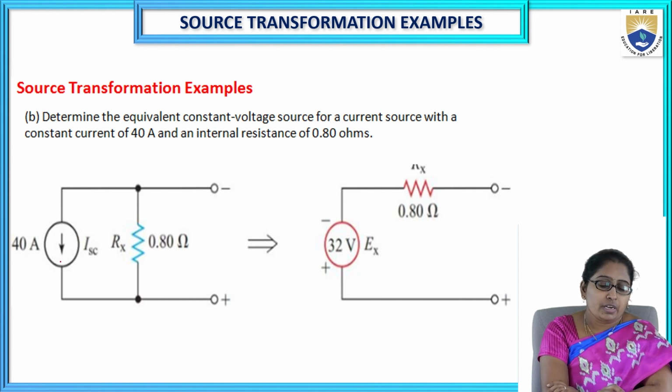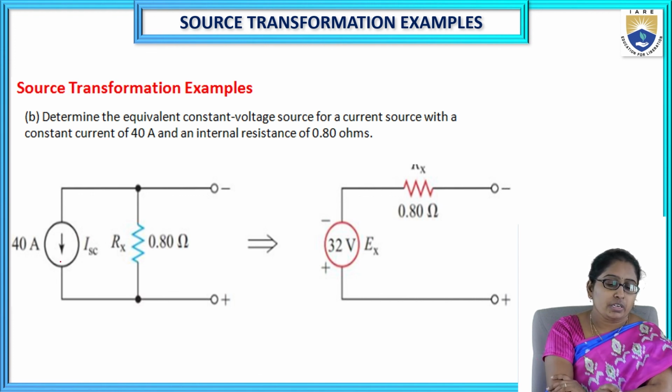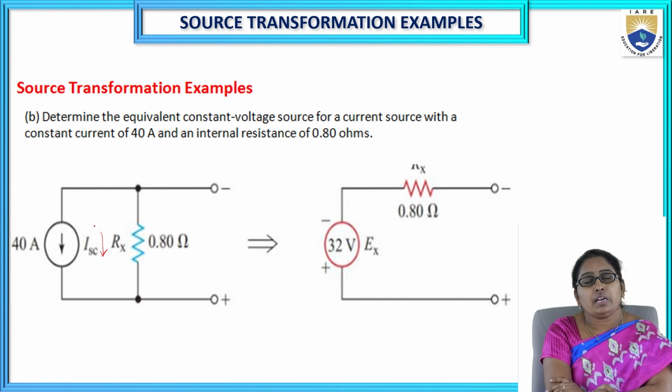Now look at the direction and polarities. Here the current source direction is shown downward. Basically, current always flows from a high potential point to a lower potential point. Based on that, the voltage source polarity is shown the same way.